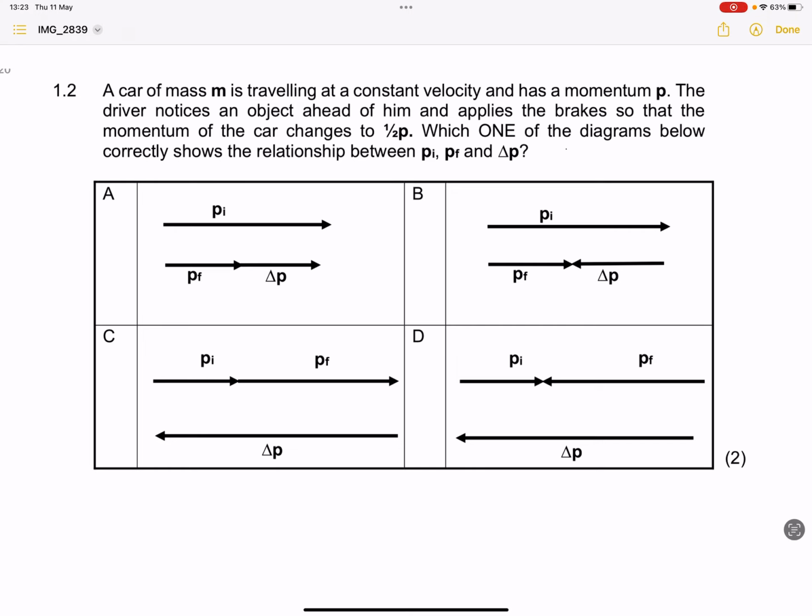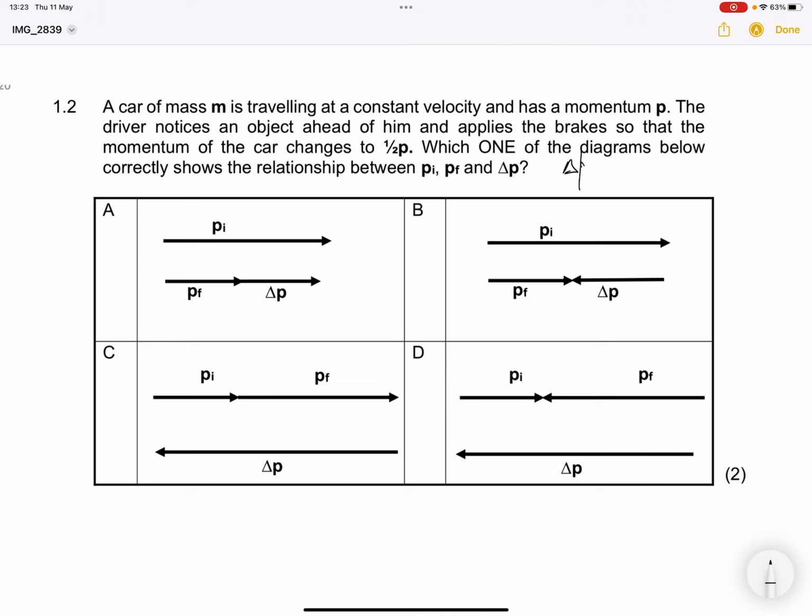So we know that the change in momentum is equal to momentum final minus momentum initial. The final momentum is a half of p, so that would be a half p minus the initial momentum. Assuming that in the original direction the momentum is positive, that's minus the initial momentum, and so what we get there is minus a half of p.